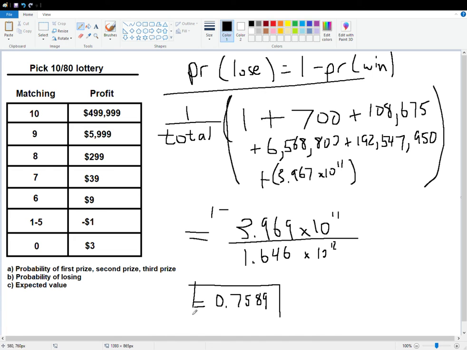So this is a long procedure, but we found the answer to part B. Probability of losing is 0.7589 roughly. Now, moving to part C, the expected value. Let me just clean this up real quick.